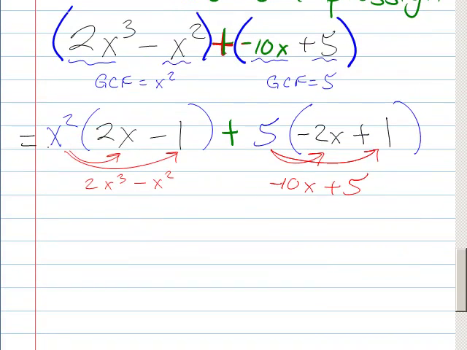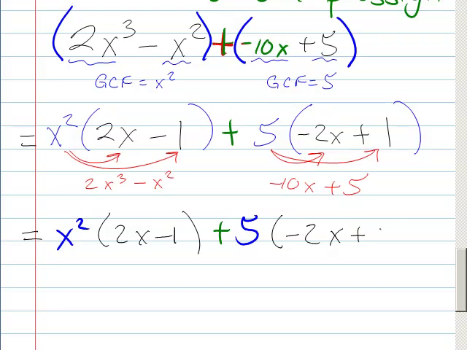So before you get too excited, you're probably seeing that something kind of funky has happened. We have x squared times 2x minus 1 plus 5 times negative 2x plus 1. And this is where we go, grrr. That's my unhappy dude. I don't know why he has freckles, but he does.